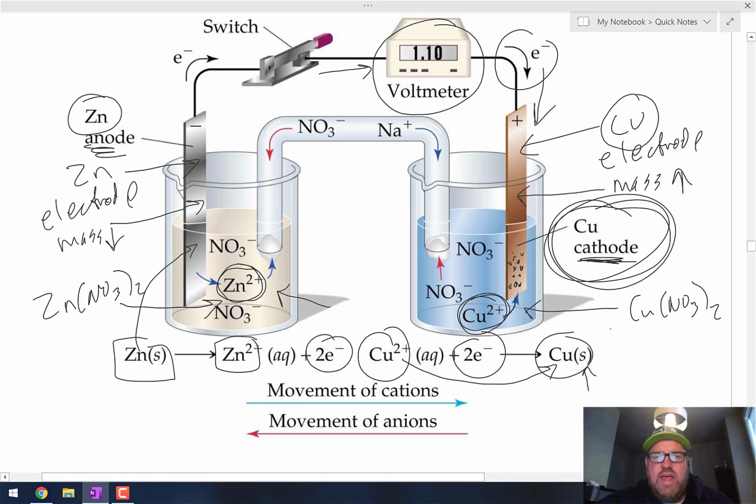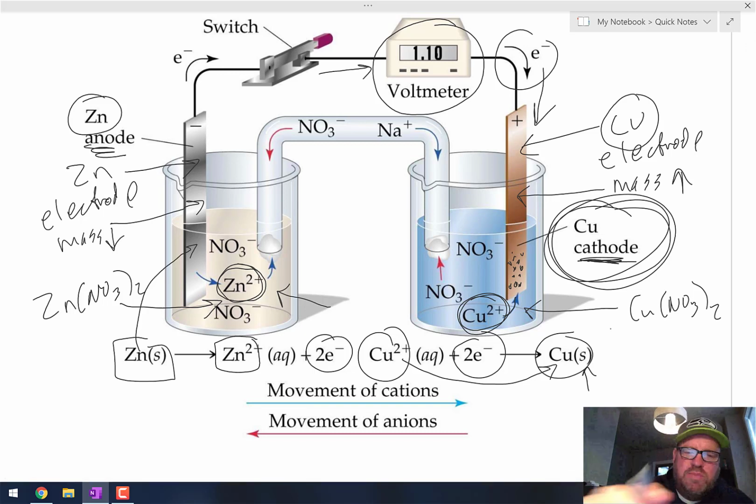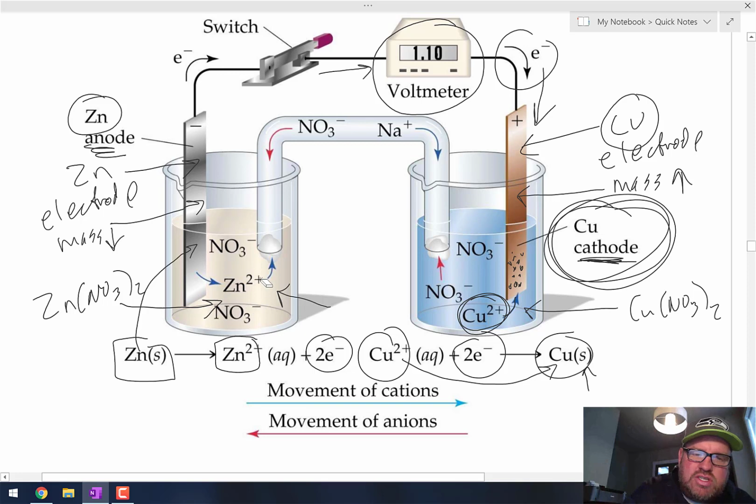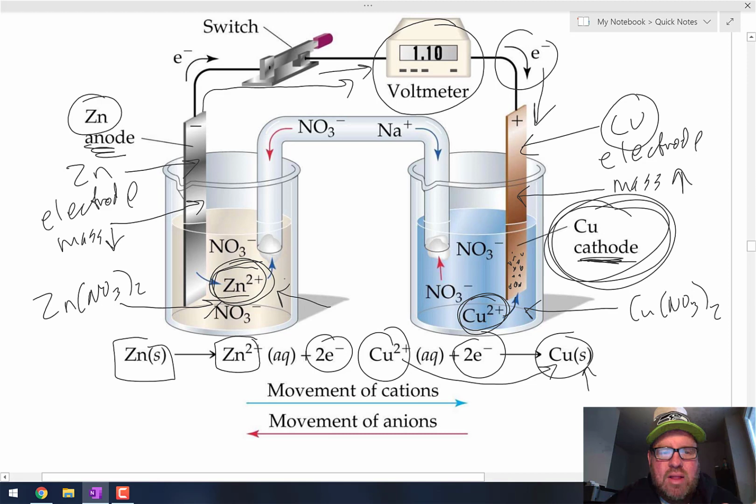Now, the issue with this, and the reason that sometimes these don't work, is because as that reaction starts to happen, as the electrons start to flow, you start to get an increase in zinc ions, and so you get an imbalance in the charges. So what you have to use is something in the middle called a salt bridge.